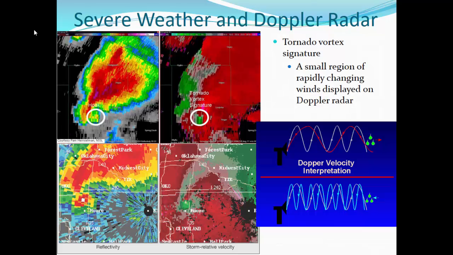So we'll start this slide with a look at my blue illustration at the lower right-hand side. At the top, the three little green raindrops are moving away. The winds are moving away from the radar site. At the bottom, the raindrops are moving toward the radar site. On both illustrations, the wavelength of the electromagnetic radiation leaving the radar is the same.